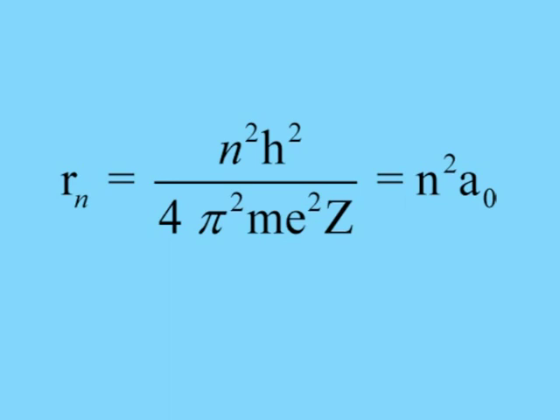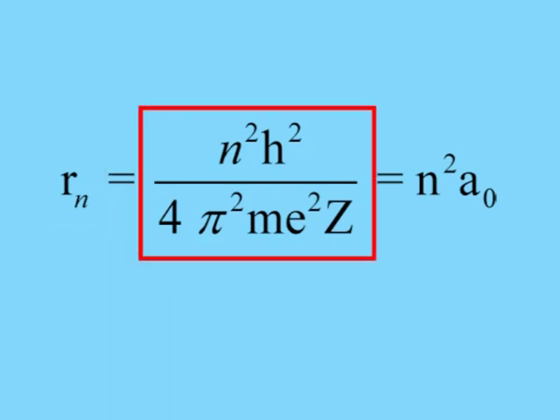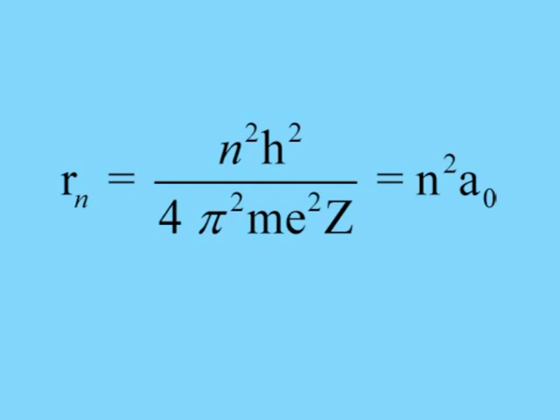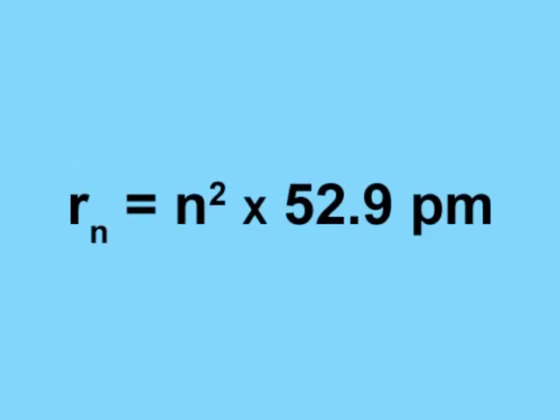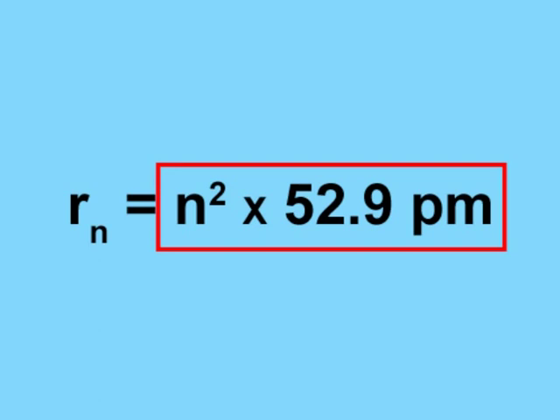According to Bohr's model, radius of nth orbit is Rn is equal to n square h square upon 4 pi square me square z, which is again equal to n square a naught. On substituting the values of various constants, we get Rn is equal to n square into 52.9 picometers.